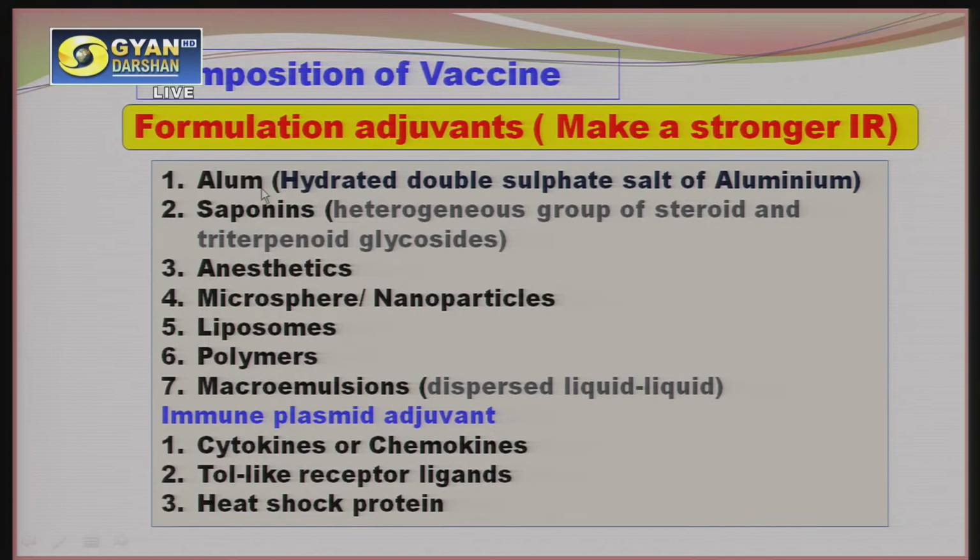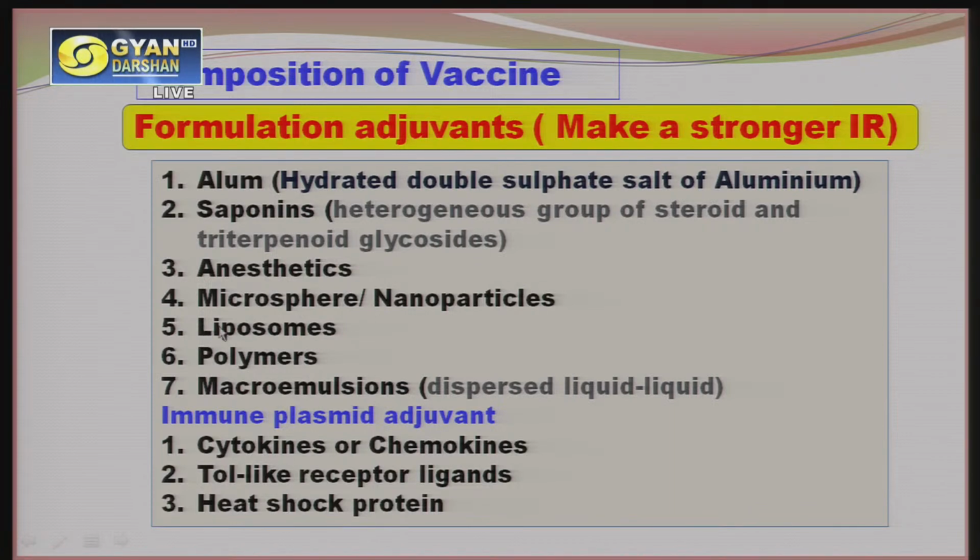We can utilize alum, hydrated double sulfate salt of aluminum. Saponin we can utilize in the formulation of the vaccine. Another is the anesthetic. Microspheres or nanoparticles, several nanoparticles are there, biological nanoparticles or metal based nanoparticles we can utilize for formulation of vaccines.